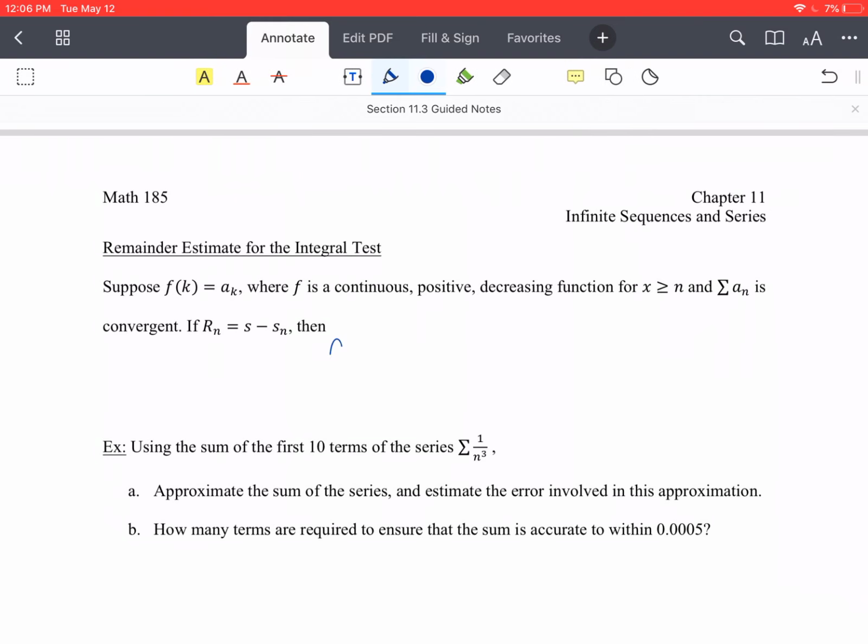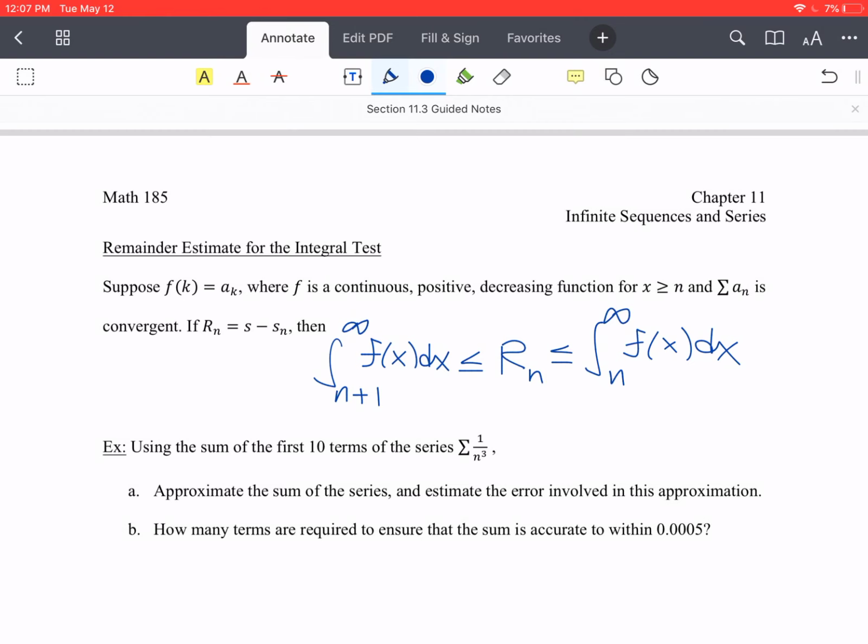The integral from n plus 1 to infinity of f of x dx is less than or equal to R sub n, which is less than or equal to the integral from n to infinity of f of x dx.